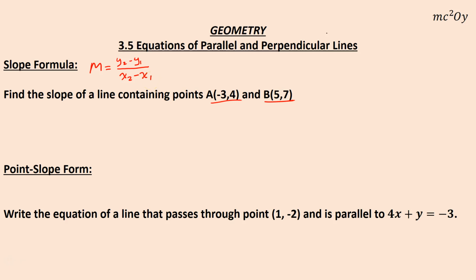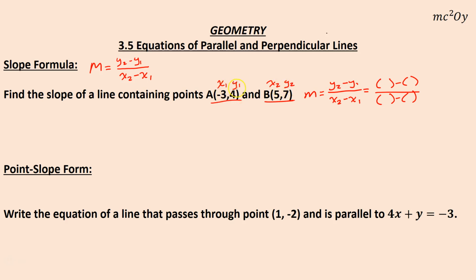Okay, and so what that really means is if I take and say, well, I'm going to use this formula, it really means you have 4 places where you're substituting in values. All right, and so if I call this x1, y1, and this one x2, y2, notice our 1's have to go together and our 2's have to go together.